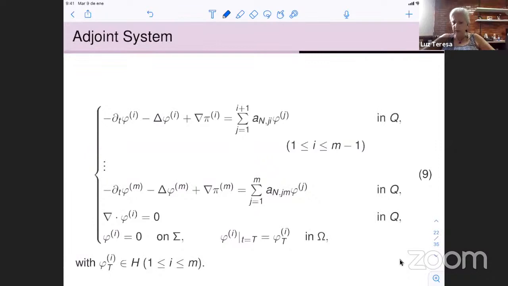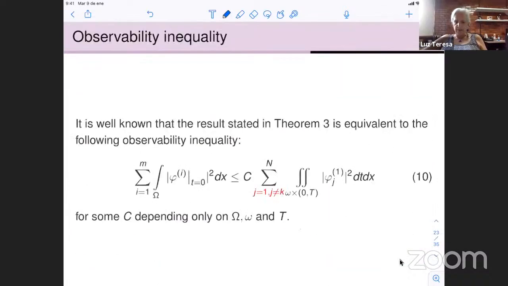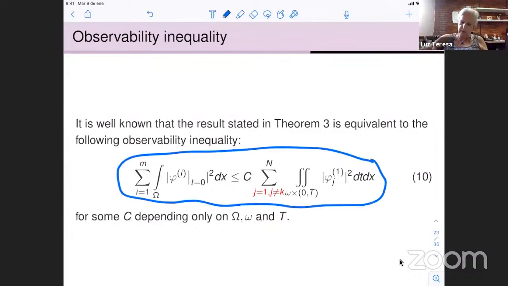And we work again with the adjoint system that is not very beautiful, it's something like that. But again, you can prove an observability inequality. In our situation, the observability inequality looks like that.